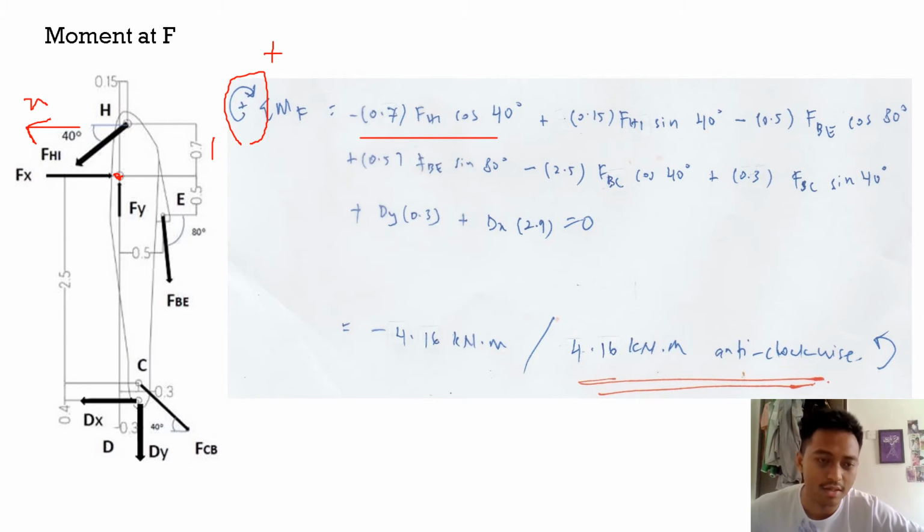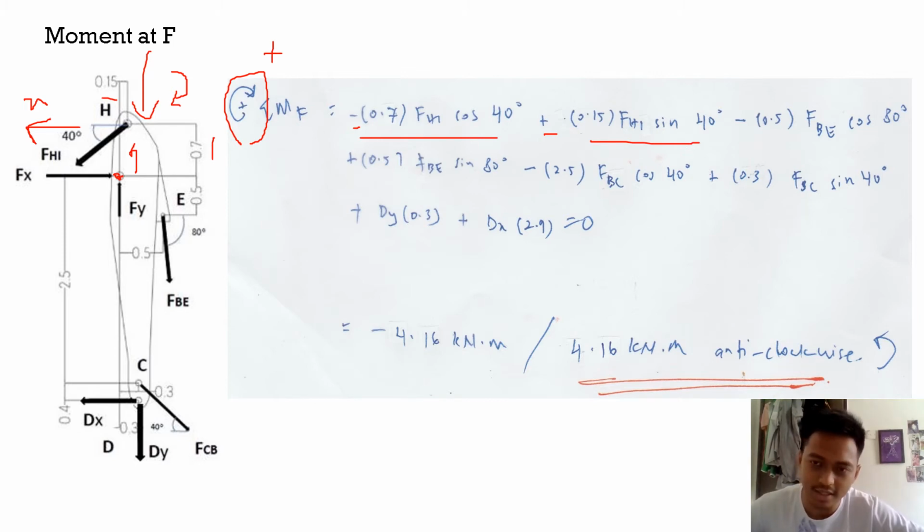So the tendency of the rotation is going anti-clockwise. So here I put negative. Then the y component of FHI is going downward, and the distance is 0.15. So the tendency of the rotation is going clockwise. So I put here positive 0.15 FHI sin 40.